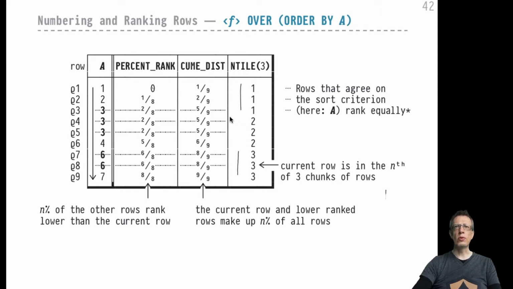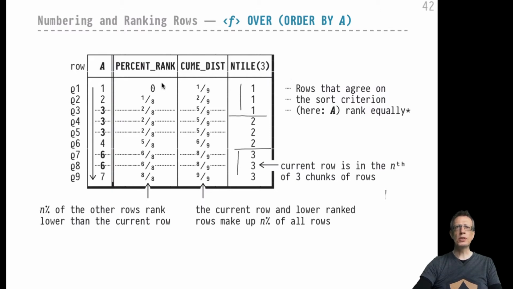So this is partitioning of the rows in 3 tiles or segments, if you will, based on the ordering by A. This can be very useful if you want to look at data at different granularities, that you can control by the parameter that you give here to the NTILE function.